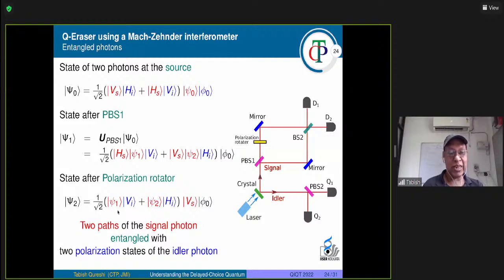So you can see that if I get V here for this idler photon, I know that the signal photon went through path 1. If I get H, horizontal polarization, it went through the other path. So this is a clever way of getting which-path information.